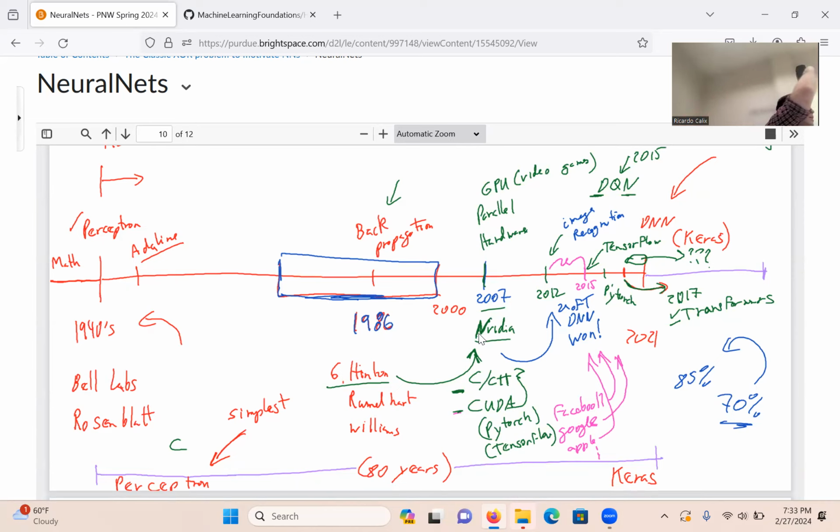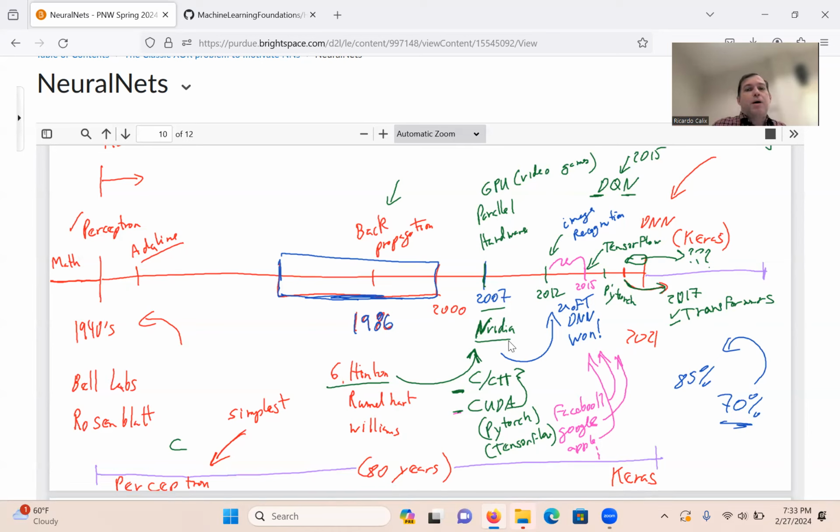So basically you multiply this times the mesh to rotate it and move it somewhere else. Same idea. So in 2007, they released the GPU for video games, parallel hardware. This is built on top of CUDA, C, C++. There was no PyTorch or TensorFlow back then, just this.